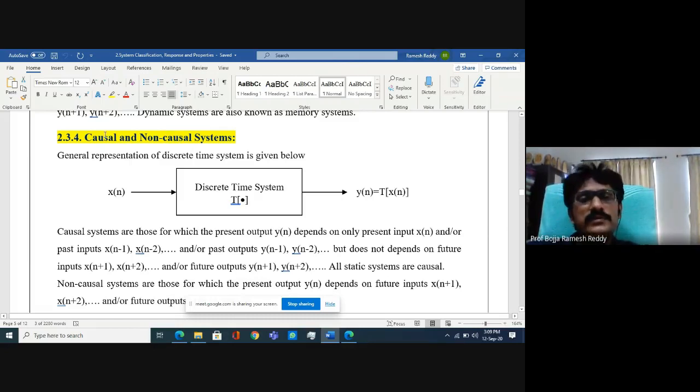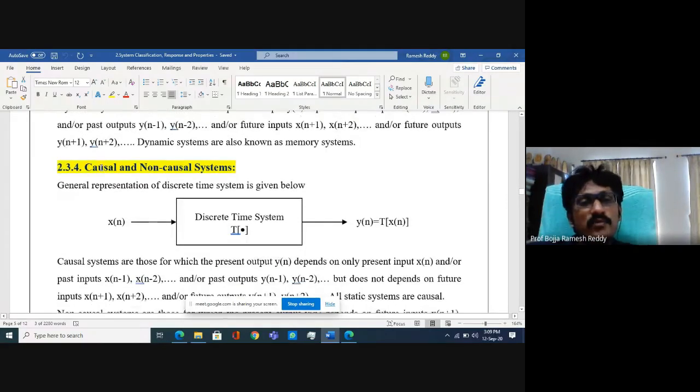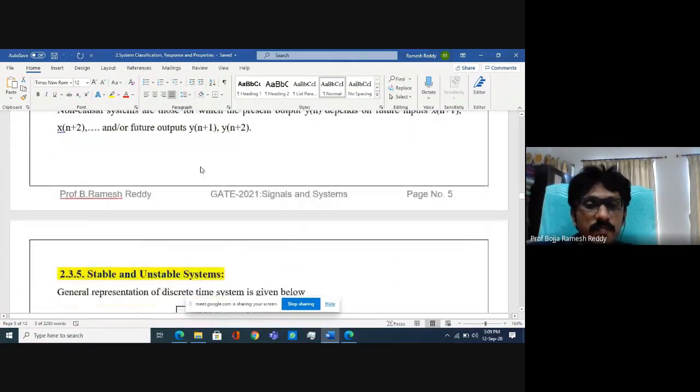Causal and non-causal systems may be dynamic, because dynamic means memory is included. That memory may be past or future. Future is also a memory, past is also a memory. Causal means only past, no future. Non-causal means the future may be included.